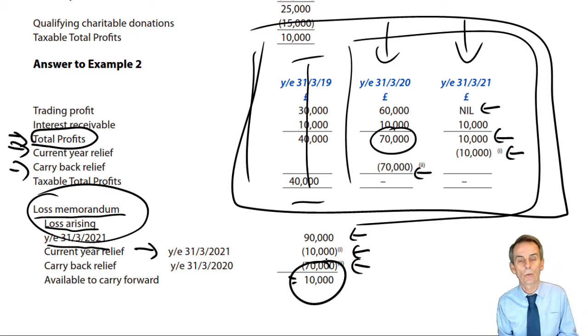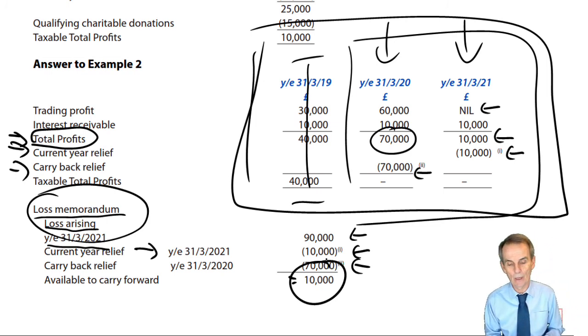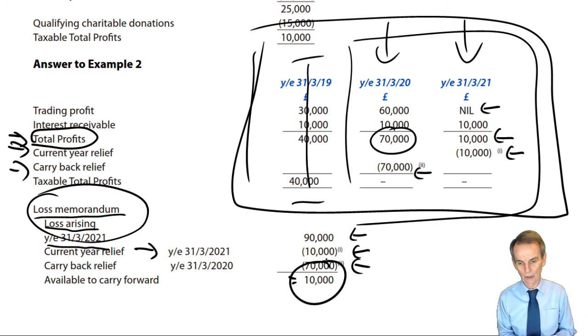Just as we did with the unincorporated trader on cessation of trading, if you can't carry forward, which you can't, you've ceased trading, then you're allowed an extended carry back. And that's the other and only other specialist situation that we need to be looking at to begin with in terms of these losses. After that, there's just one further relief that we'll need to look at, but that awaits us in a future lecture.